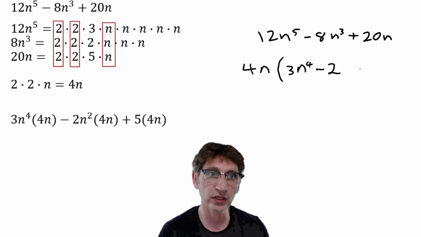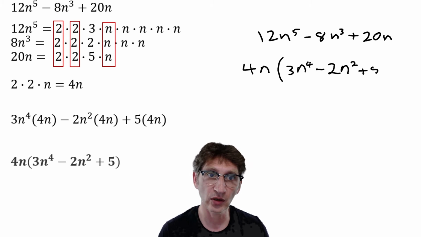I pulled out one of the n's, leaving me with n squared. And then the last term, 20n, I factored out 4n. Remember, factor just means numbers that are being multiplied together. So 4n and a factor of 5, because 4n times 5 would be 20n.